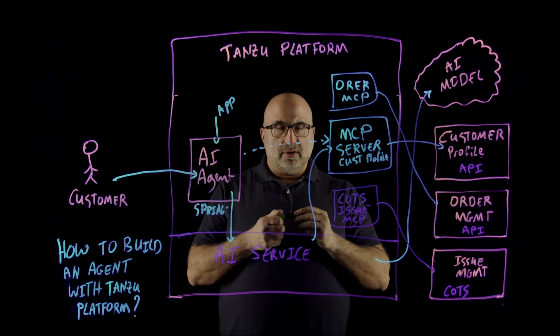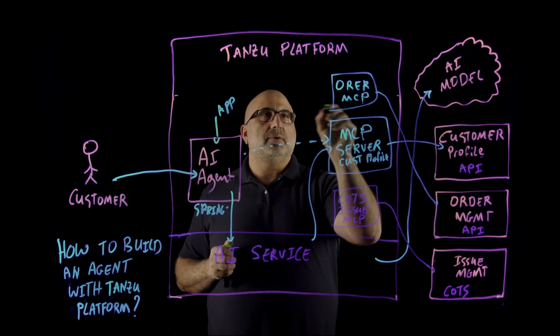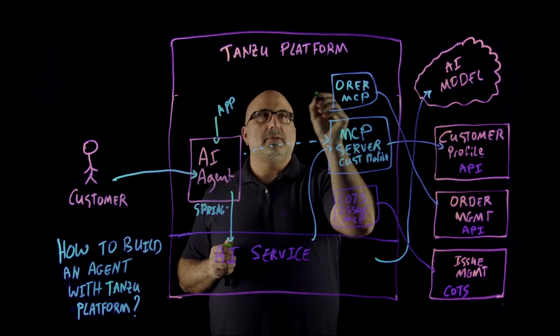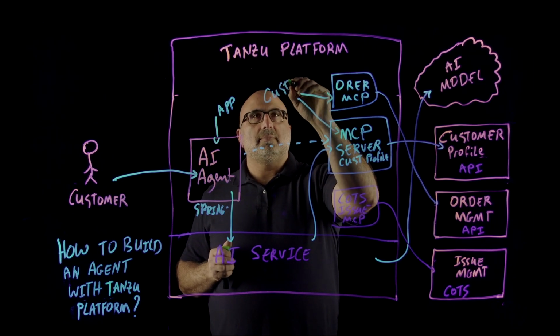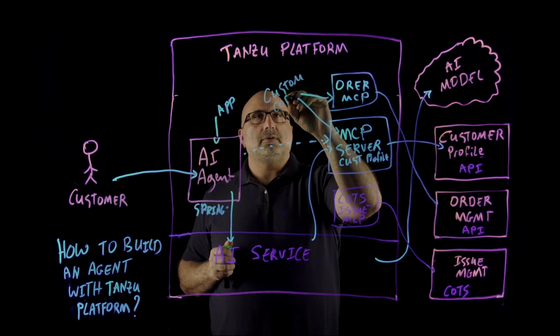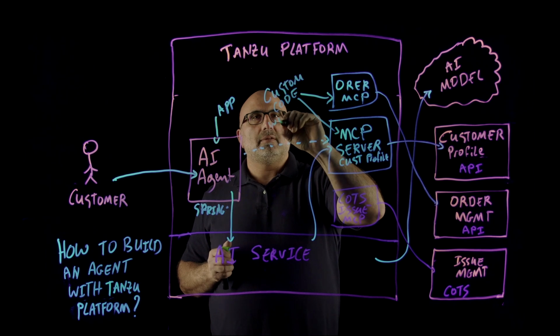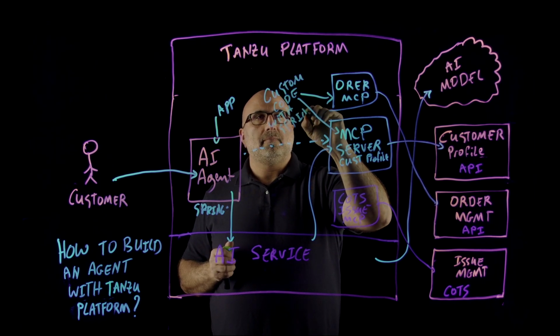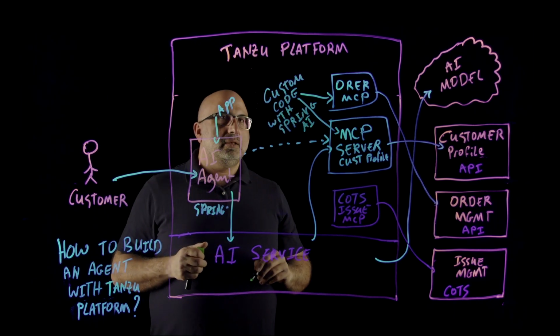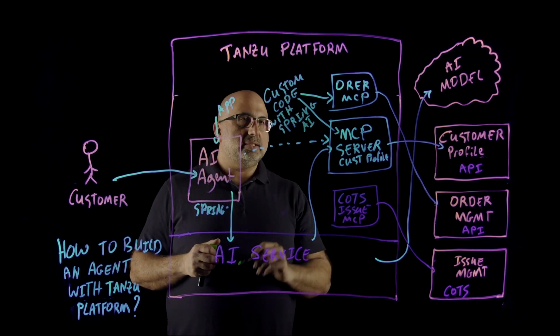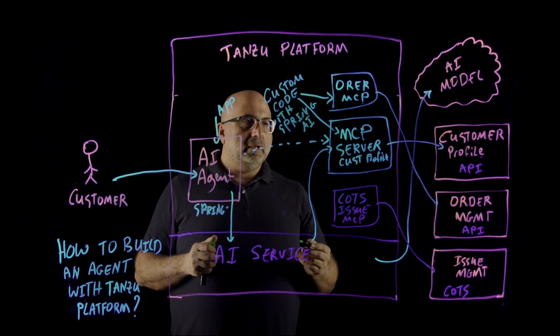You can either write the code yourself. So this is custom code. So in this case, these two are custom code that you write with Spring AI. And then these things here are things that you purchase, and you're able to use that.